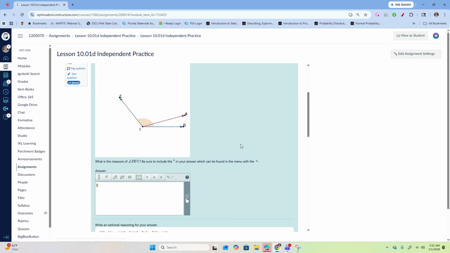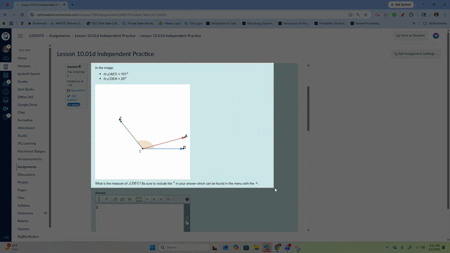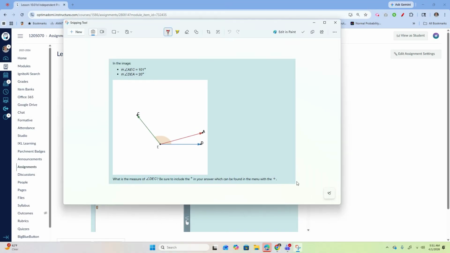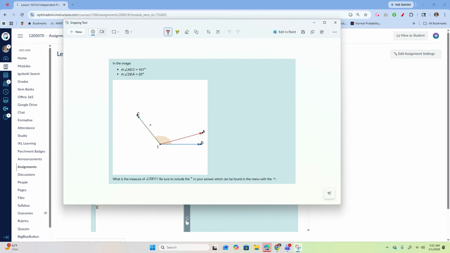Same idea again. Let me take a picture of this. All right, same idea again. It says here that the angle AEC, so I'm going to use red. So in fact, I'm going to shade it. AEC, the one I'm shading in yellow, that angle is 101 degrees.